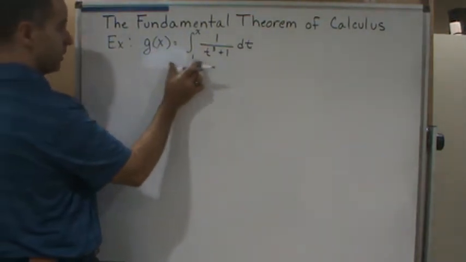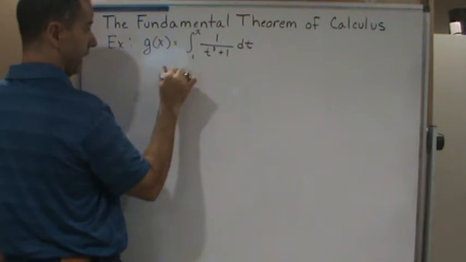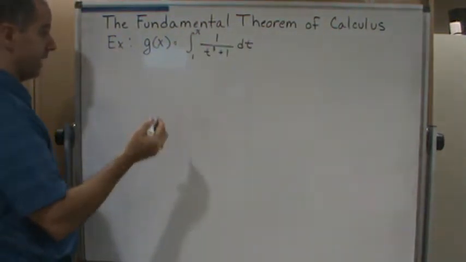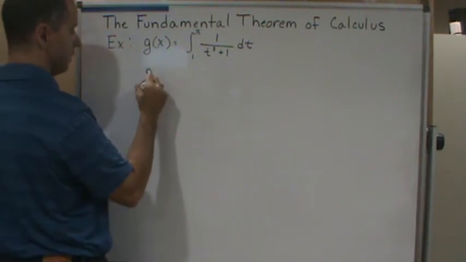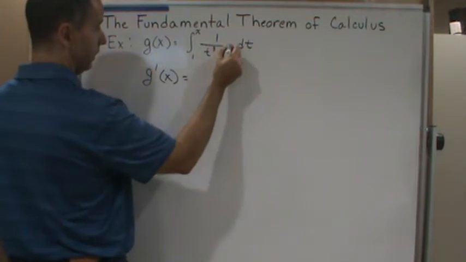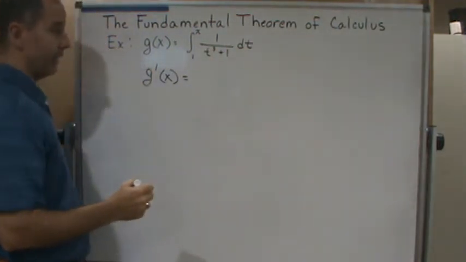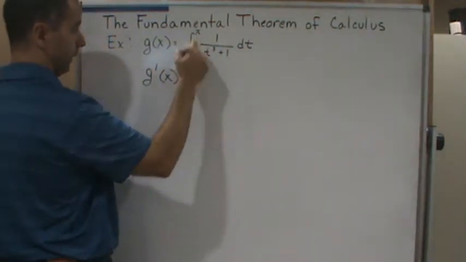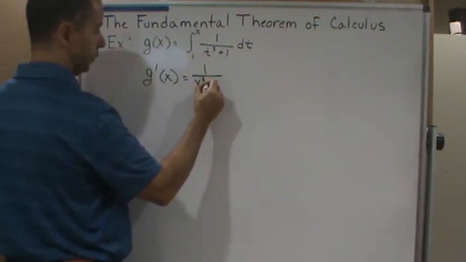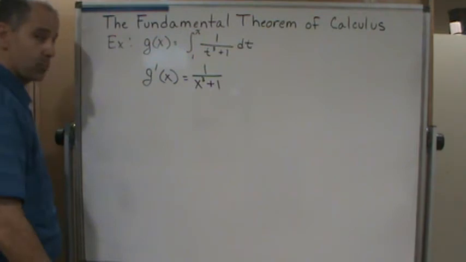Since this is a function defined as this, the fundamental theorem of calculus says that g prime of x is just going to equal this evaluated at x, at this endpoint. So this is just going to equal 1 over x cubed plus 1.